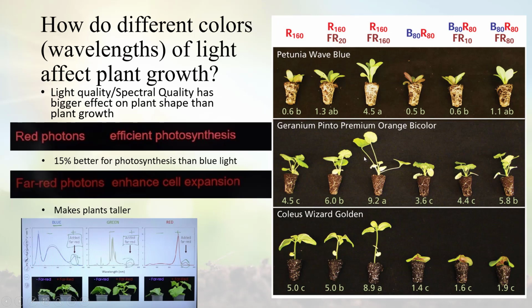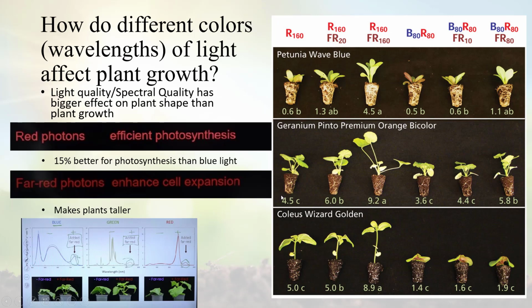And like I mentioned earlier, this is an example, even here with the coleus. This is that shade avoidance response. So when your plants are being shaded out under a natural forest canopy, just like green light is able to transmit through leaves, so is far red light, right?